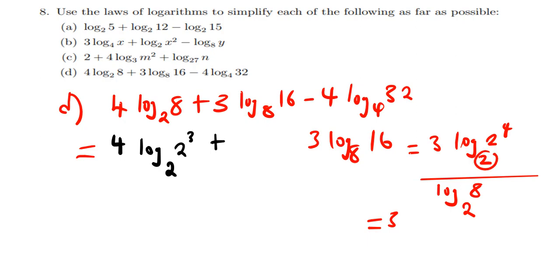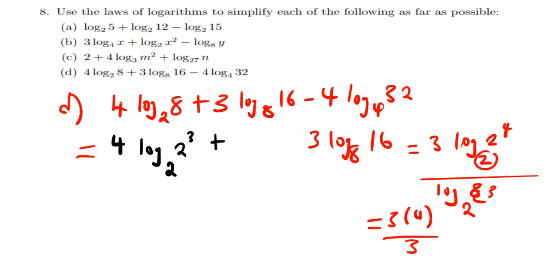So on top, I've got 3 multiplied by a 4. Down, what do I have? That is log of 8. 8 is just the same as 2 to the power 3. Then the 3 drops.